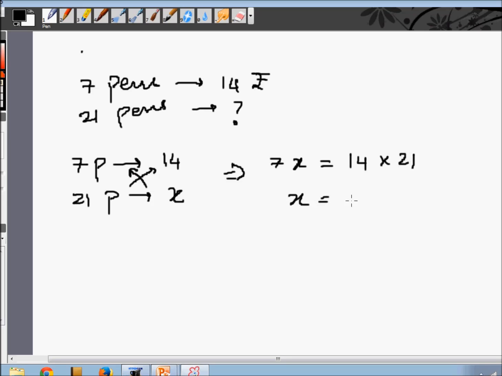So x is 14 rupees multiplied by 21 pens divided by 7 pens. So x is equal to 3 into 14, which is 42 rupees. So upon selling 21 pens, I can obtain 42 rupees.